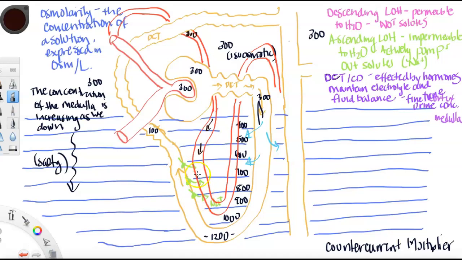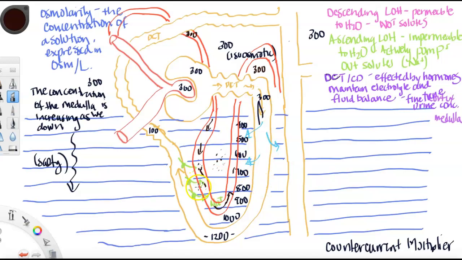So some of these solutes are going into the blood. The rest of it is going out into the interstitial space, but some of it's being picked up by the blood, and that's why the blood is getting more concentrated. It makes a hairpin turn, and now it's starting to pick up water because water's coming out of here. So now the concentration is decreasing again. By the time it's back up in the cortex, it's back to 300.